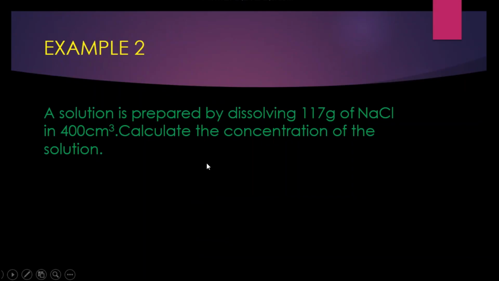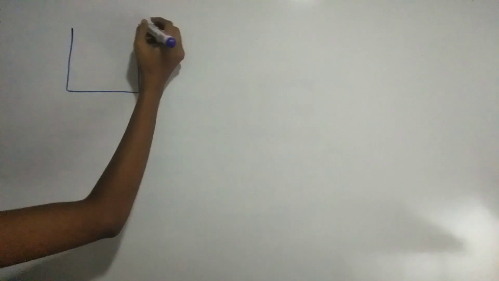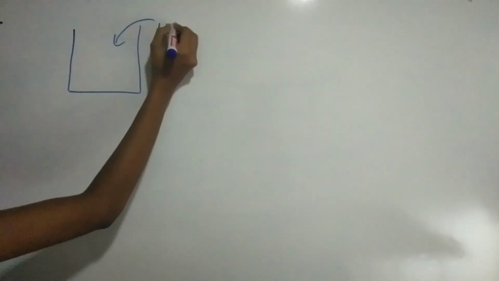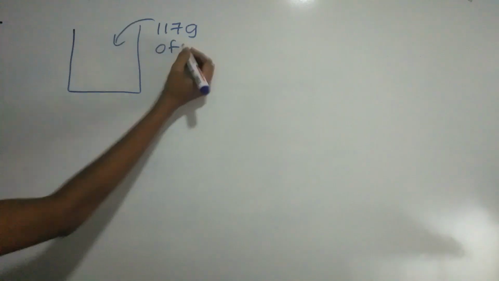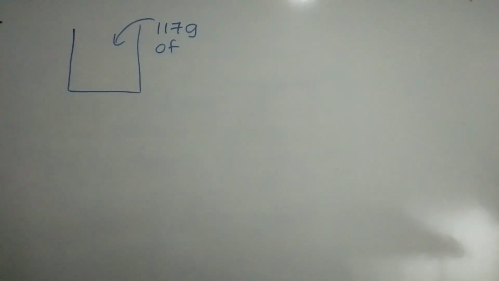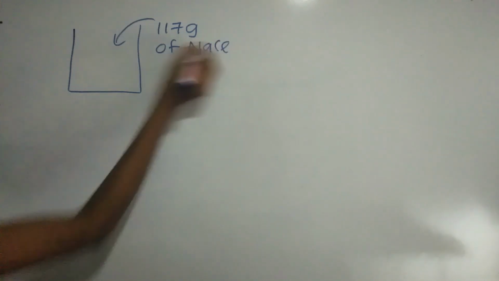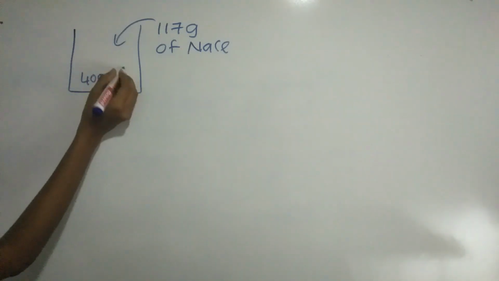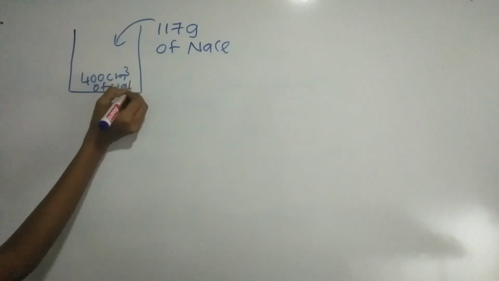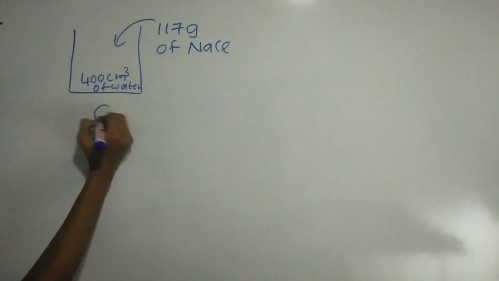Example 2. A solution is prepared by dissolving 117 grams of sodium chloride in 400 cubic centimeters of water. Calculate the concentration of the solution. Here also they are asking us to calculate the concentration.